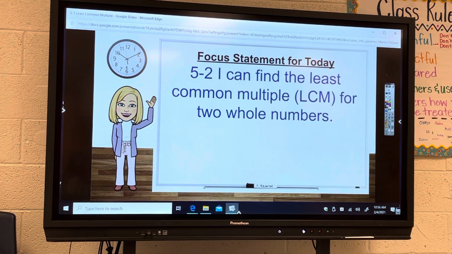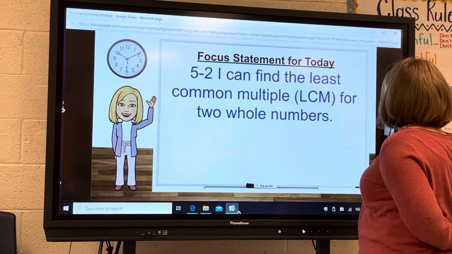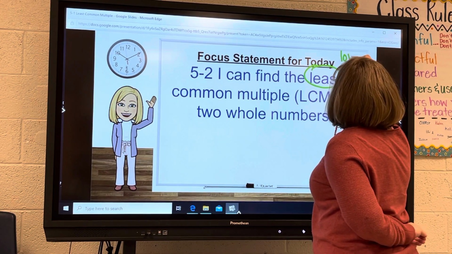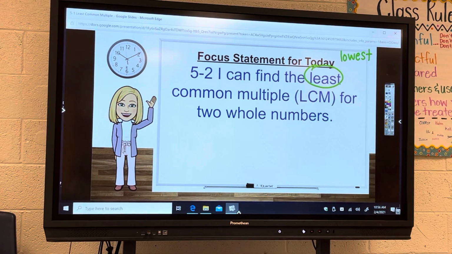All right, what does the word least mean? The lowest. What's another word we could use for least? Smallest.